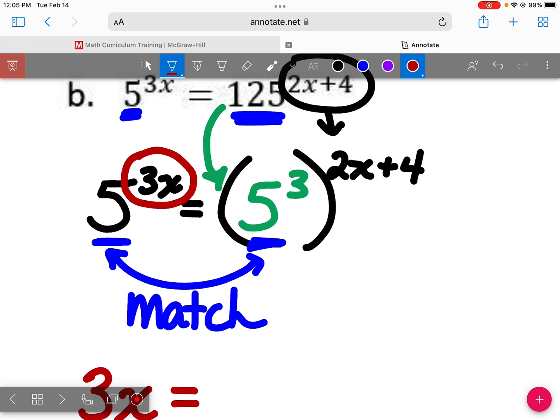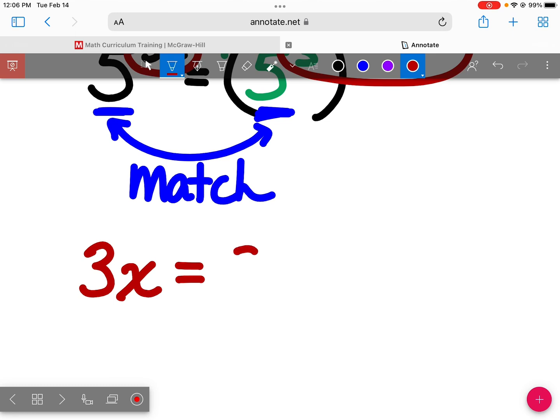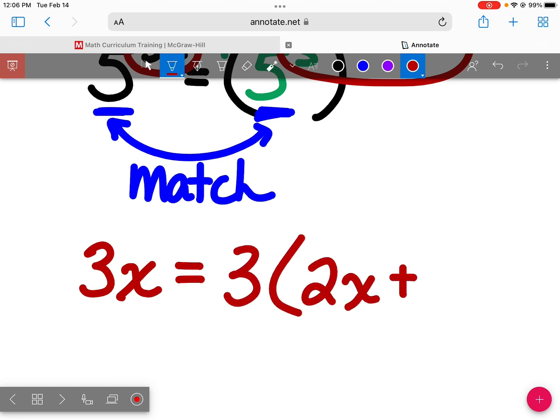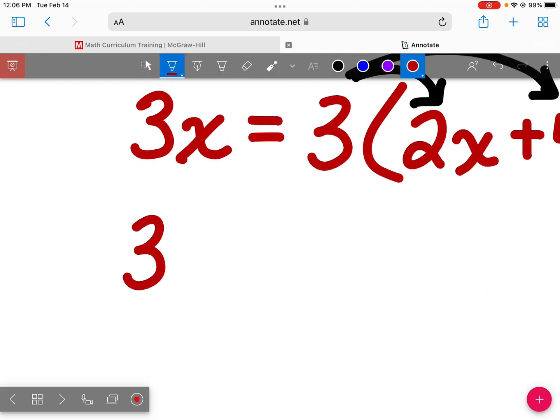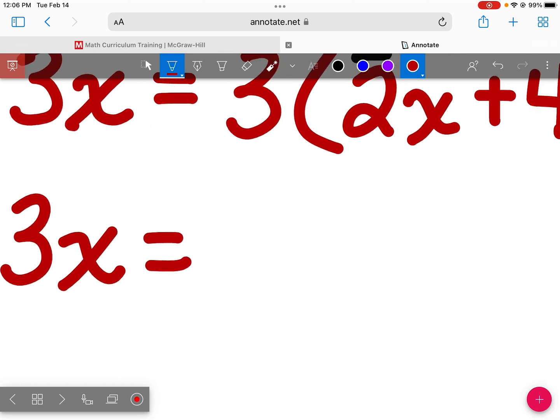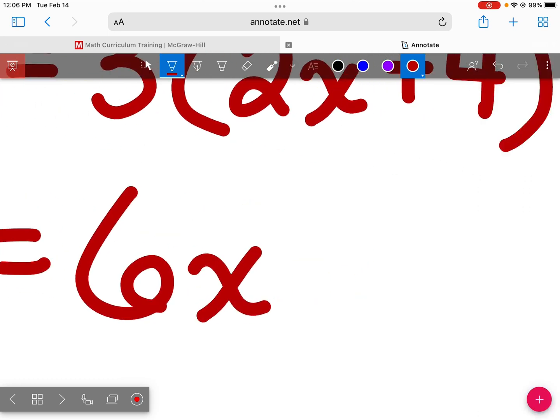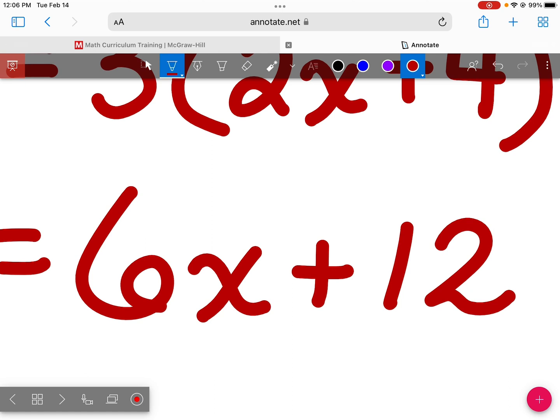What do we have on the right side? 3 and 3 parentheses 2x plus 4. I have to distribute that 3 to both of the parts of that other exponent. So I have 3x equals 6x plus 12.